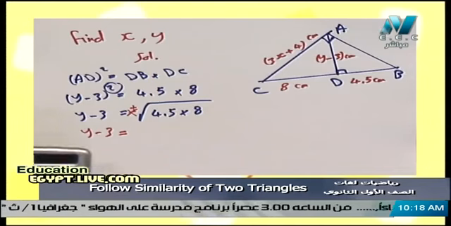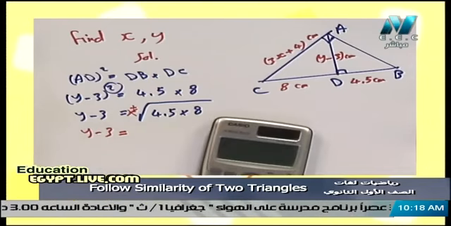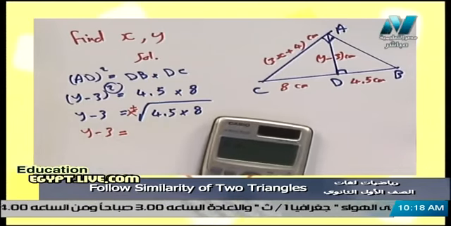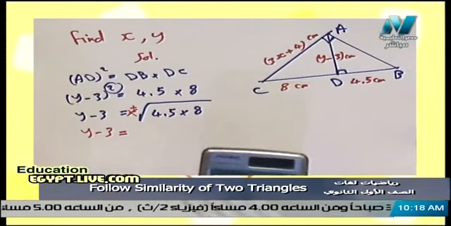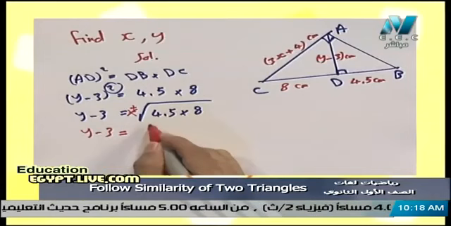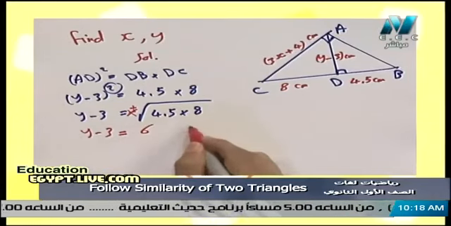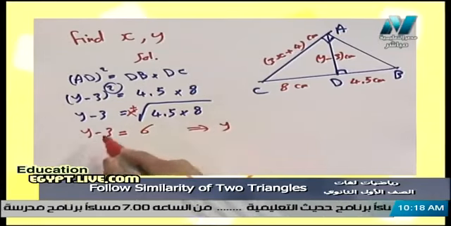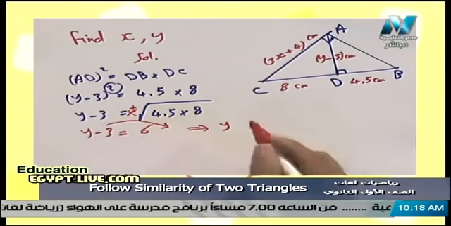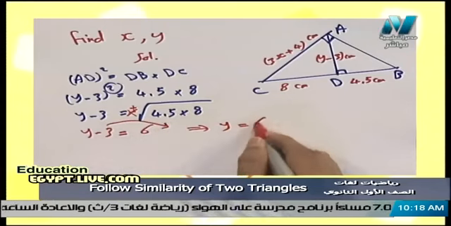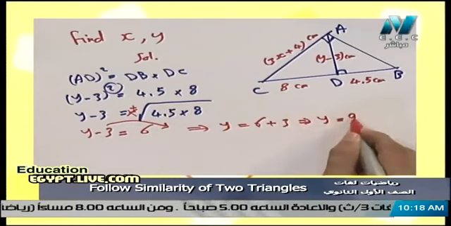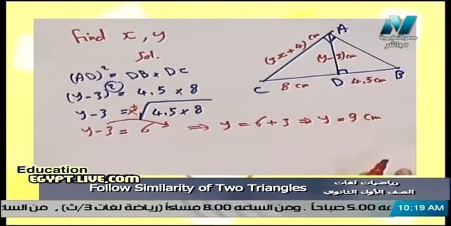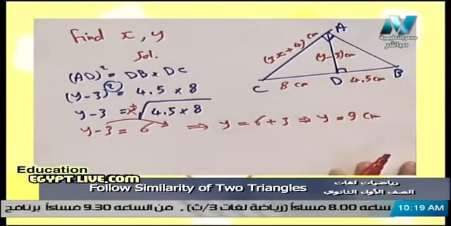Square root of 4.5 multiplied by 8, then the answer will be 6. We transfer negative 3 to become positive 3. Y equals 6 plus 3, then y equals 9 centimeters.